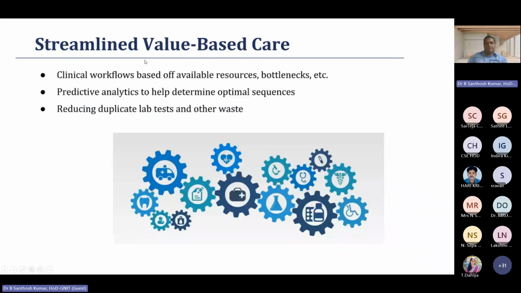Then streamlining value-based care, which is clinical workflow based on available resources and bottlenecks, then predictive analysis to help determine optimal sequences, then reducing duplicate lab tests and other waste.